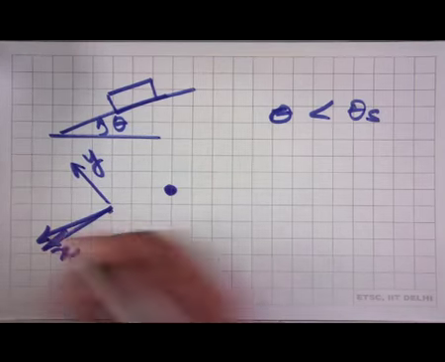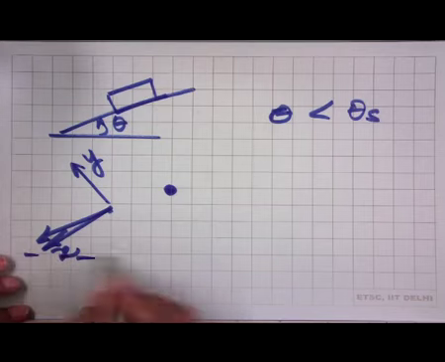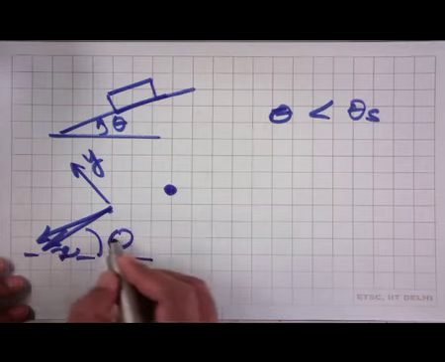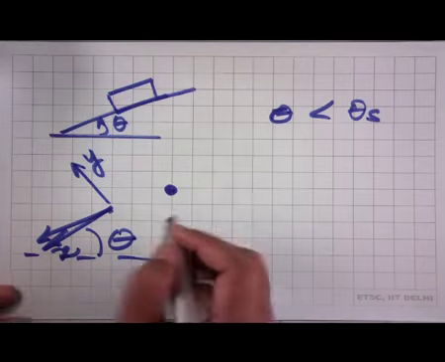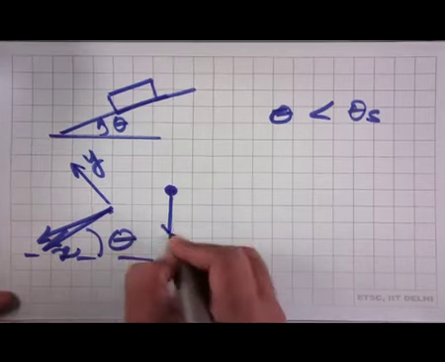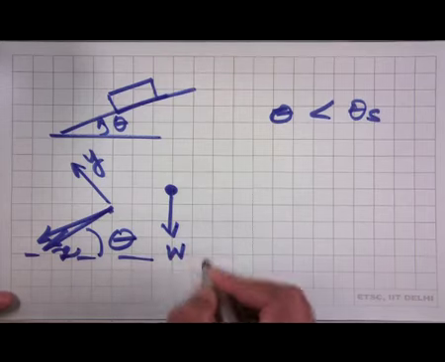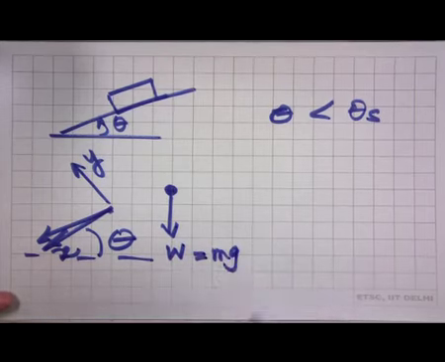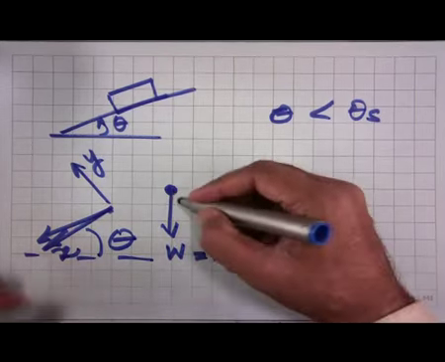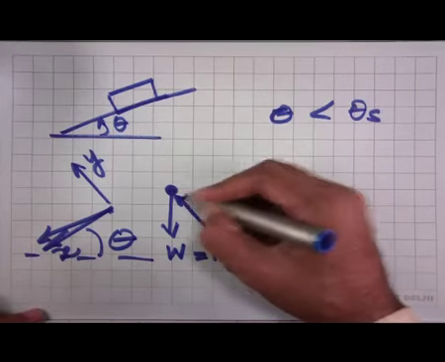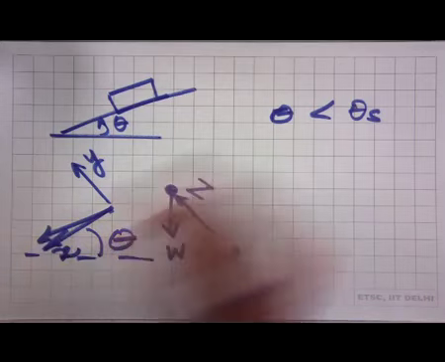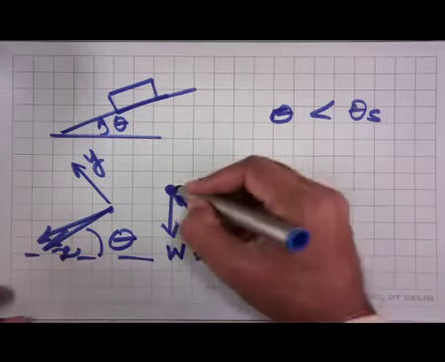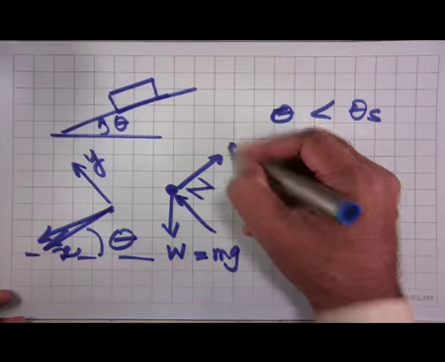We realize that the angle between the x axis and the horizontal is theta. When I draw the free body diagram, I have the weight W acting vertically down, and then a normal reaction. Because the block is tending to slip down, we show the friction force as up.